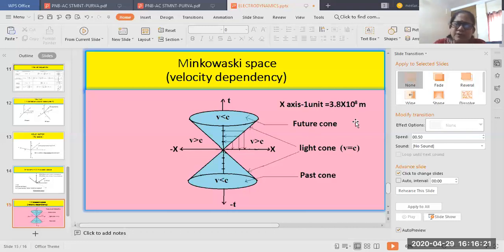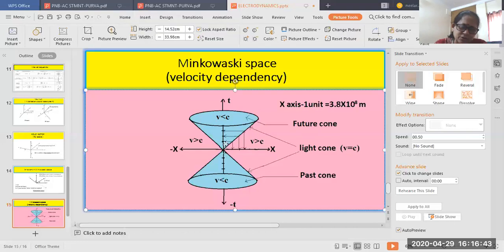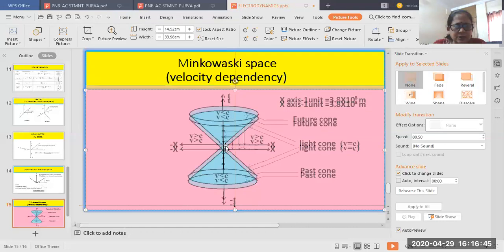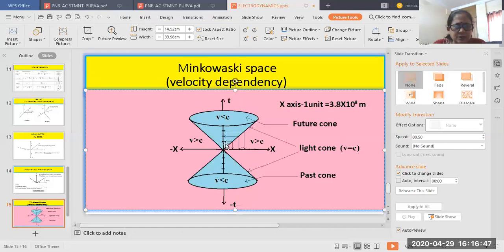If there is a particle which is traveling with velocity less than the velocity of light, for example myself or yourself, you cannot run with the velocity of light. Your velocity is limited. Then where will your trajectory fall? Your trajectory will fall in this cone. For example, I am here. So you can draw a line from here and a line here.